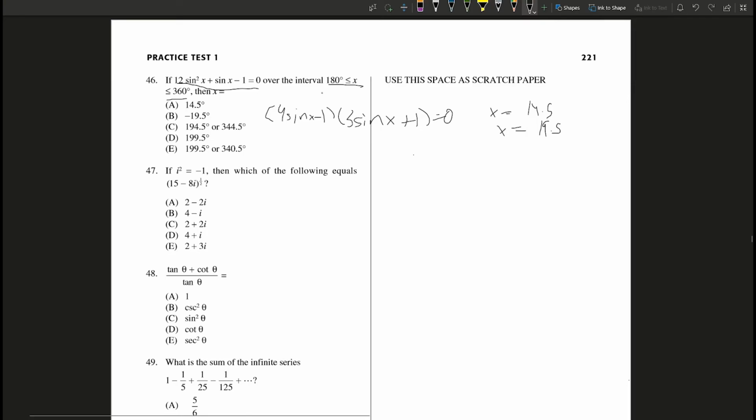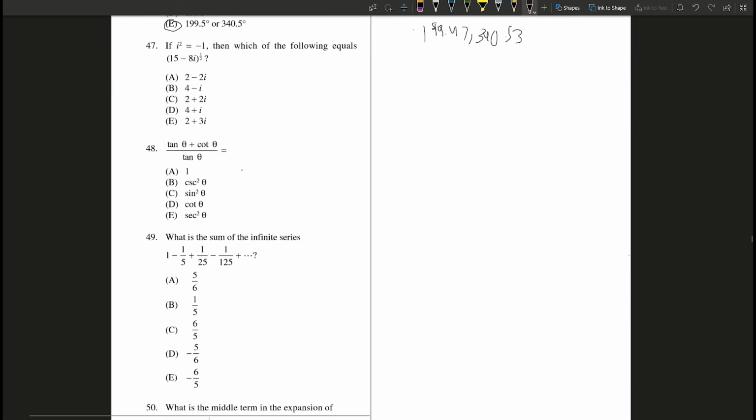So from the interval 180 to 360, the only two answers that are also this plus or minus 180 or 270 would be 199.47 and 340.53. And so letter E is our answer.